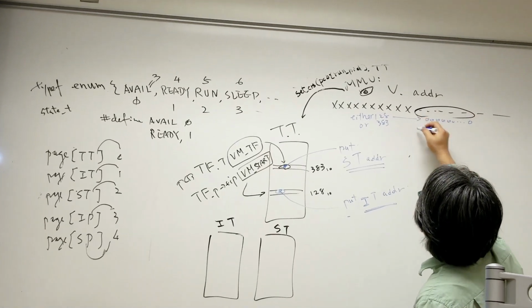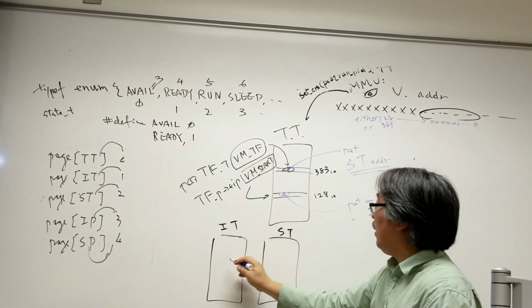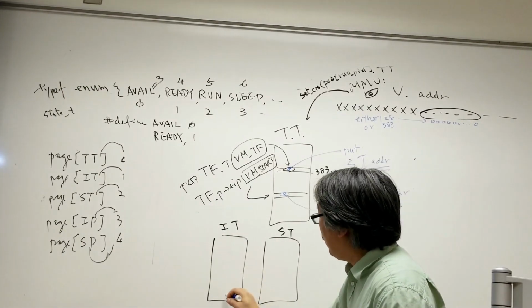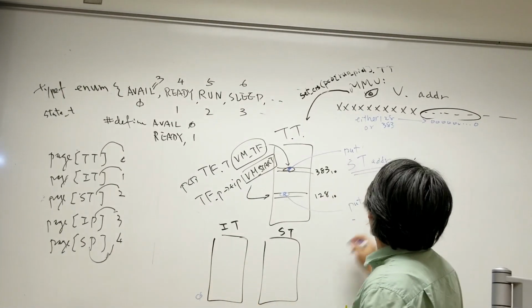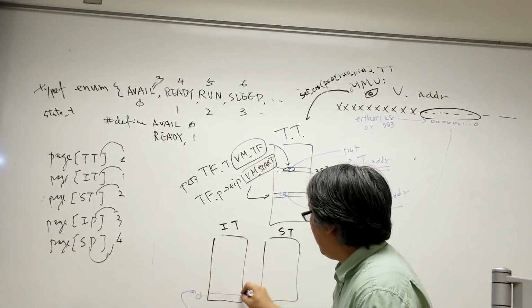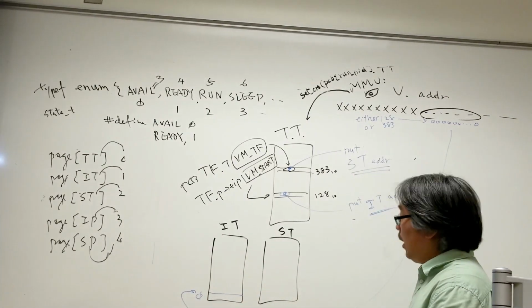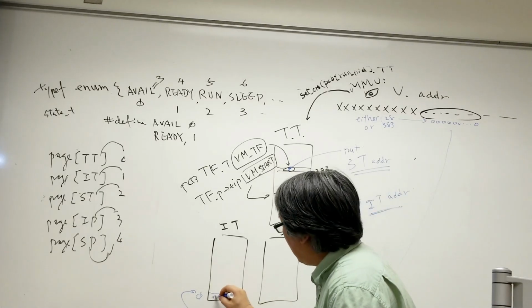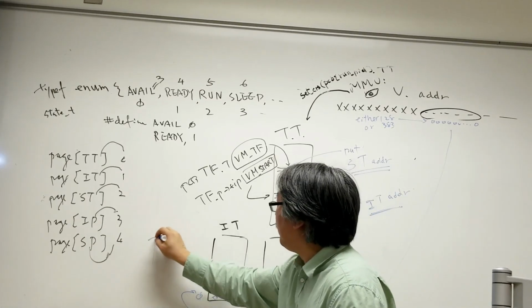So the second 10 bits are all zeros, meaning the instruction table entry 0. Entry 0 is going to be looked up by the MMU to get the real address of the instruction page.